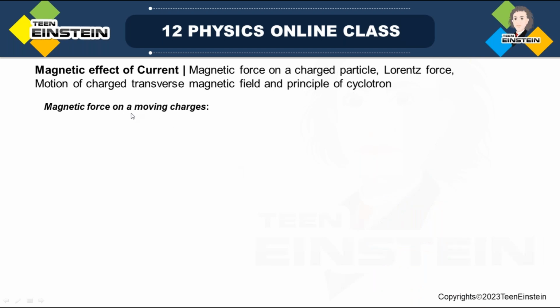So first of all, magnetic force on a moving charge. See, we have seen in electrostatics that if you have a uniform electric field or non-uniform electric field, whatever it is, if you have a charged particle here, if it is at rest or static, it is going to experience an electric force.